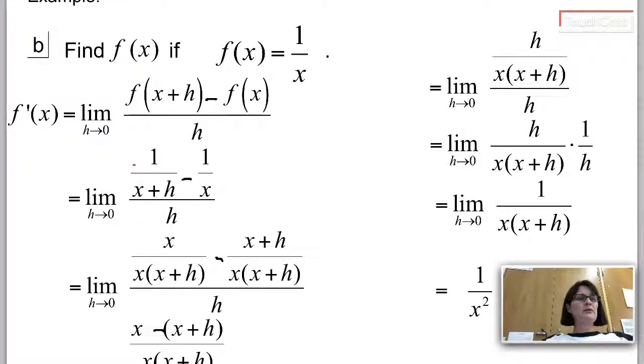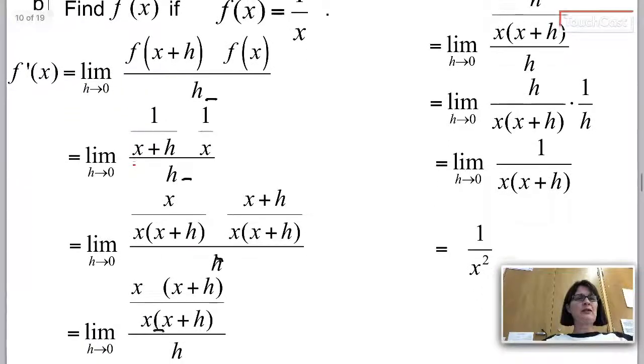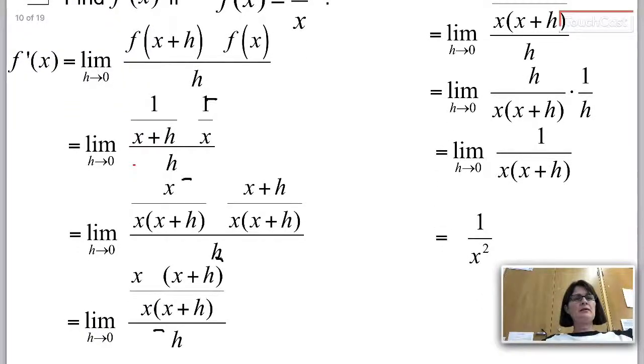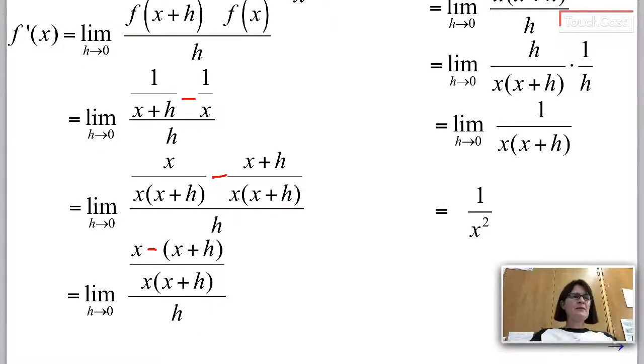Oh, I'm going to move the slide, but it's going to move my subtraction signs. Oh, that's horrible. All right, so I put some of them back in there. And then I decided I needed a common denominator. So common denominator, x times the quantity x plus h.